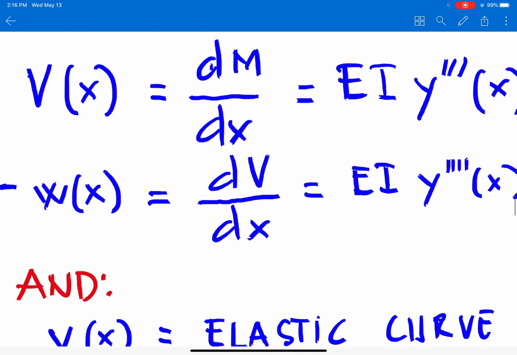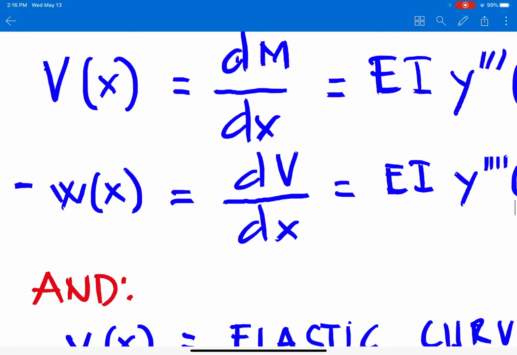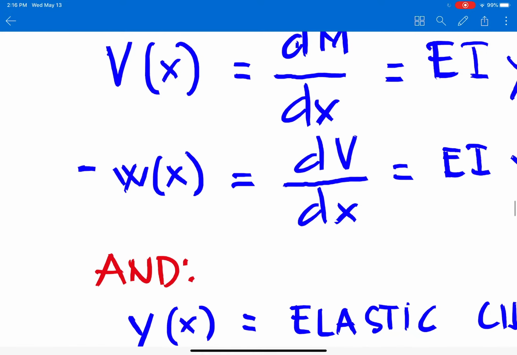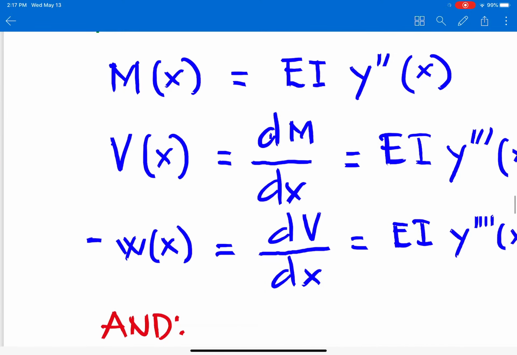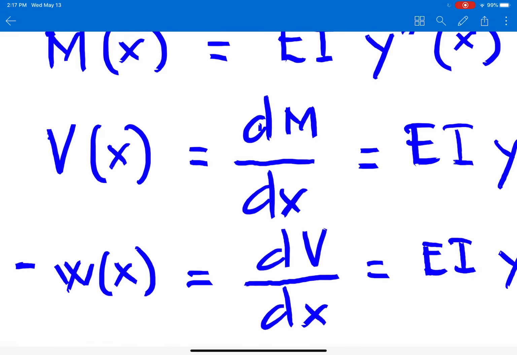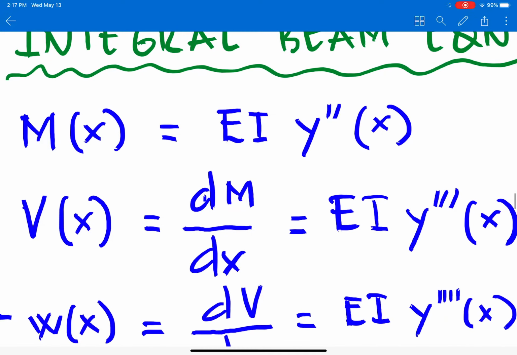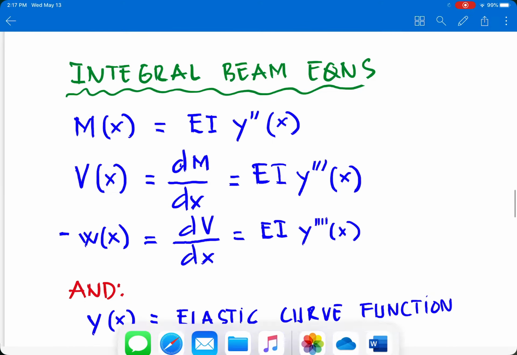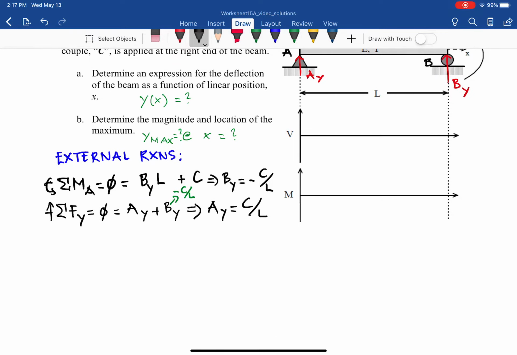As you recall from the shear and moment diagram, the slope of the shear curve equals the magnitude of the load, and the shear equals the slope of the moment. Then we continue to M(x) equal to EI y double prime. So let's start with the load curve and integrate for each as we go.